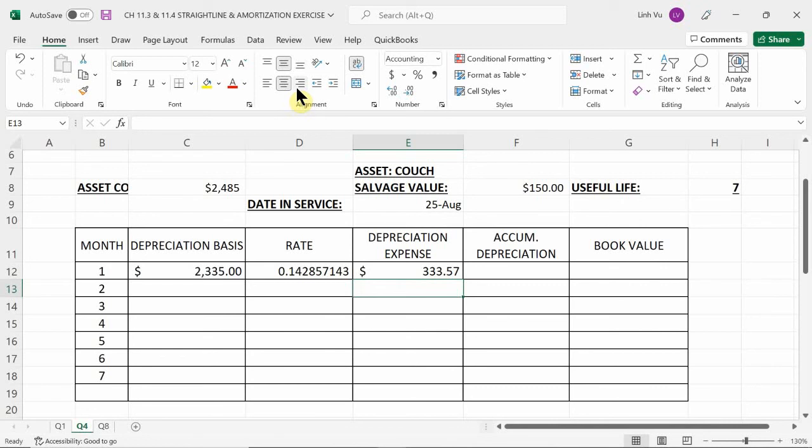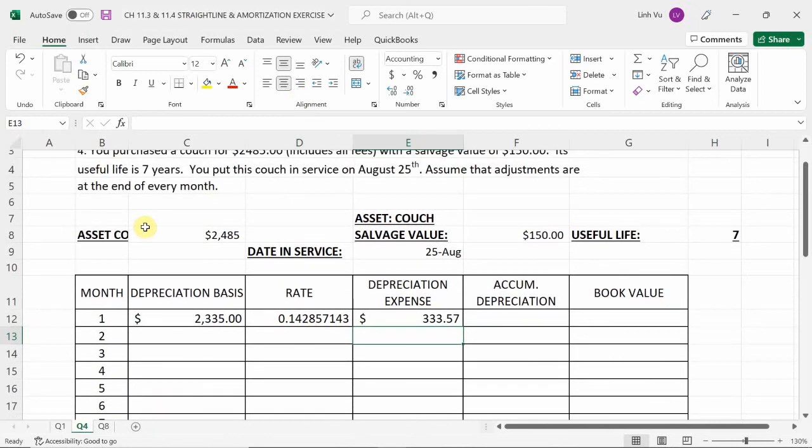Am I asking you to solve a partial year, or am I asking you to depreciate for the month? For the month. So how much would it cost me for 1 month? Oh, okay. Right, because the adjustments are done at the end of the month.